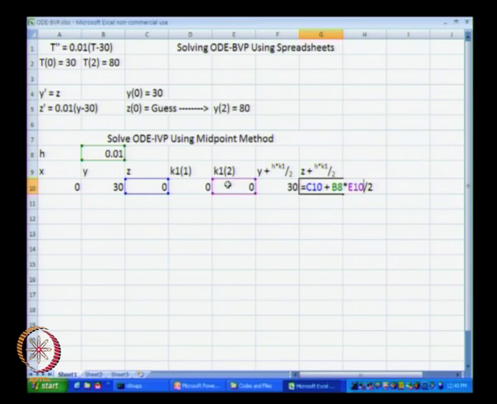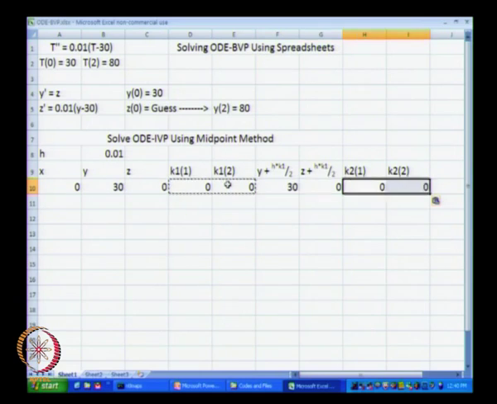We can do again as before, we will put the dollar signs over here. Okay. And then we will basically need k2 1 and we will need k2 2. And k2 1 and k2 2 are just going to be computed in the same manner as before.